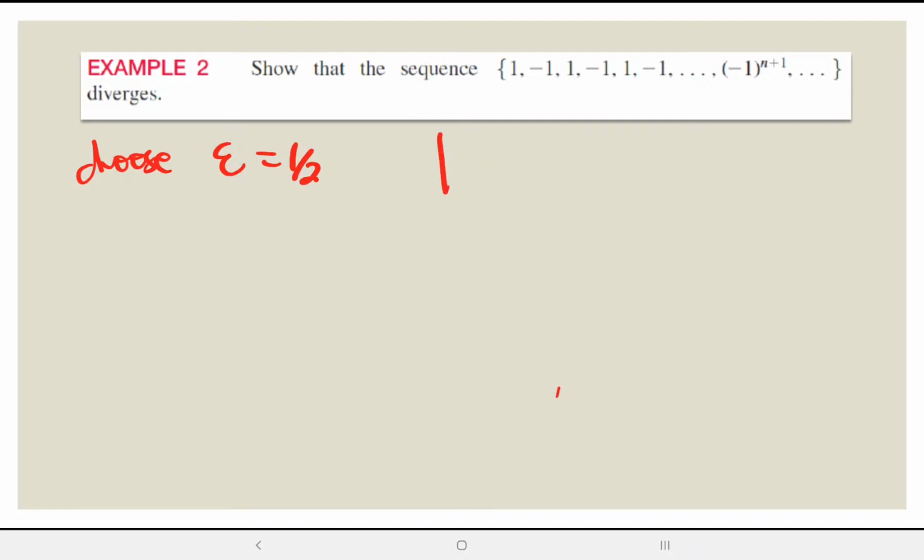For every a sub n, so bawat term ng ating sequence, pag minus natin sa L, kailangan less than 1/2. Pero is this possible when the value of our function keeps on oscillating from 1 to -1? This one is impossible.